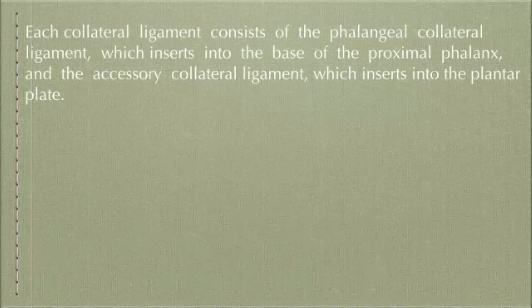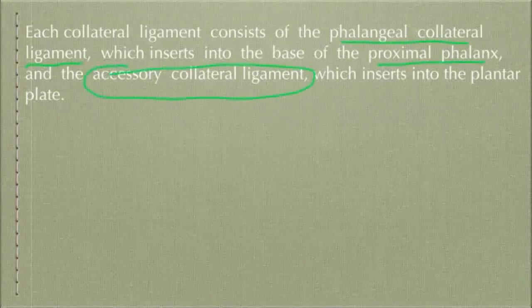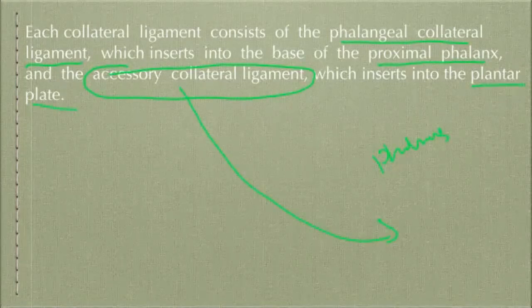Each collateral ligament consists of a phalangeal collateral ligament, which inserts into the base of the proximal phalanx, and an accessory collateral ligament. That means a phalangeal part and an accessory part. Accessory collateral ligaments insert into the plantar plate. That gives it stability, right?